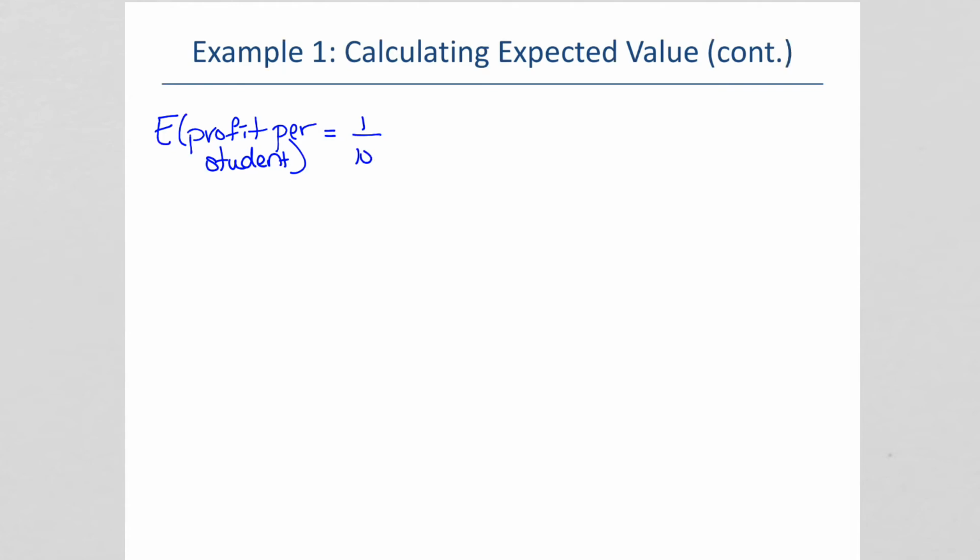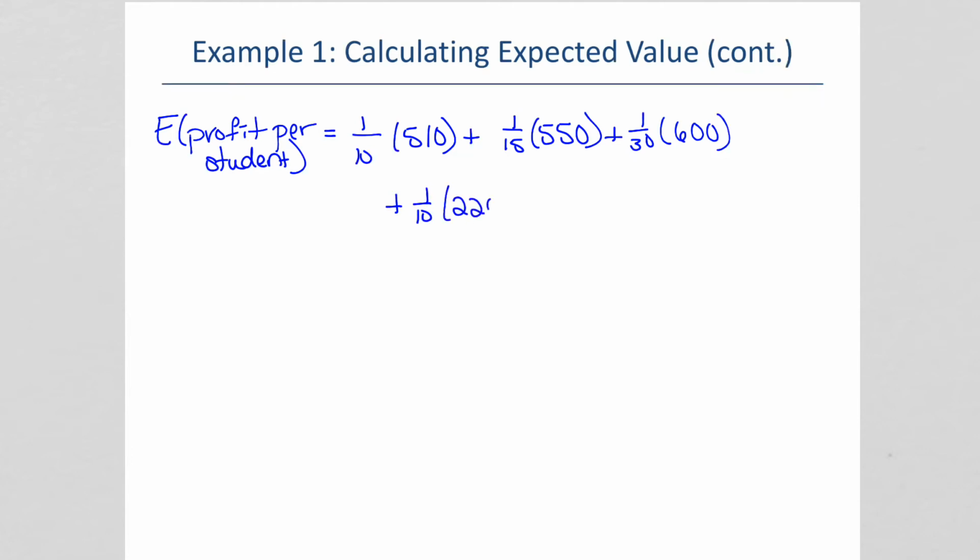So 1/10 times 510 plus 1/15 times 550 plus 1/30 times 600 plus 1/10 times 220 and 1/12 times 270. And we get an expected value of $152.27.